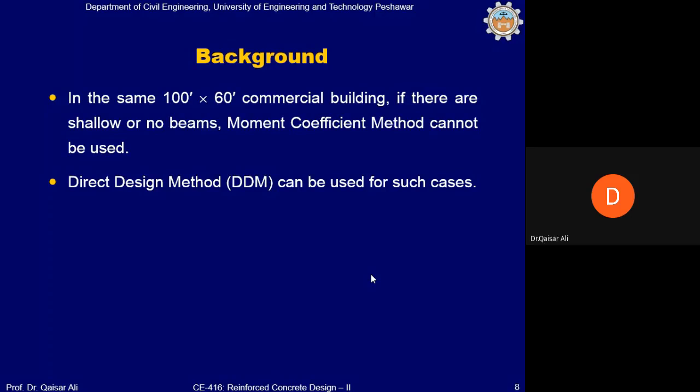You have seen in the previous several lectures that the overall design process basically consists of 4 steps. In step number 1, we select sizes based on either the ACI minimum deflection or minimum depth criteria, or from the designer's experience. We select sizes of different members: slab, beams, and columns. In step number 2, we calculate the loads.